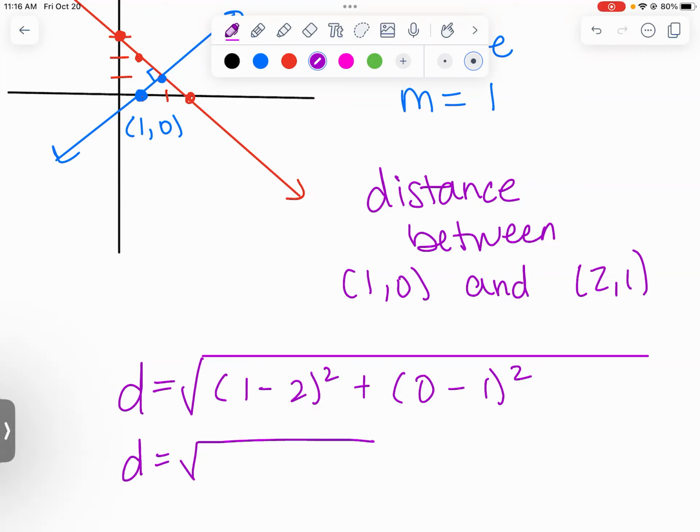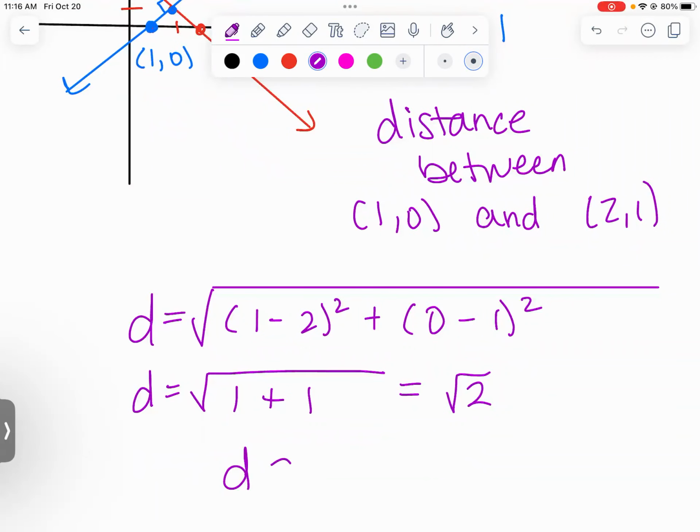So I have x minus x squared, y minus y squared. What's 1 minus 2? -1 squared. Thank you. 0 minus 1 squared. So the square root of 2, which is approximately 1.4.